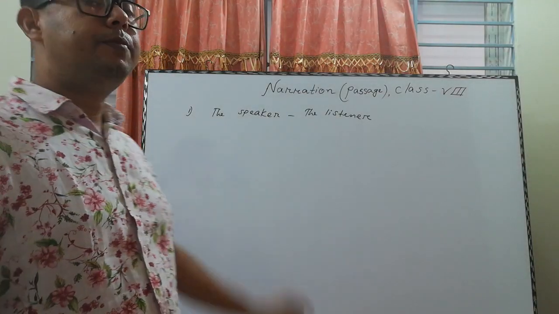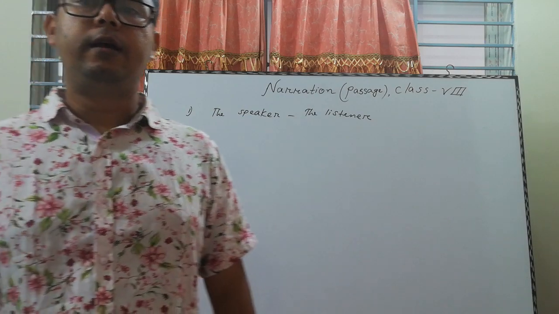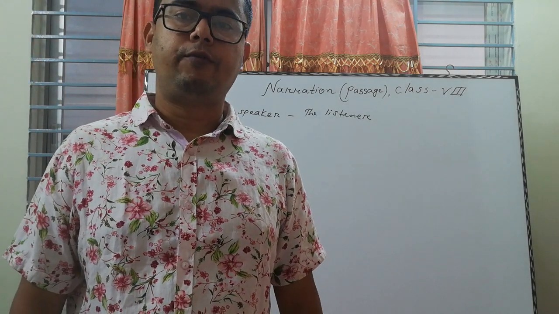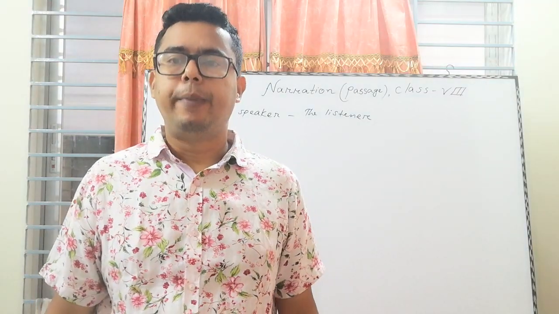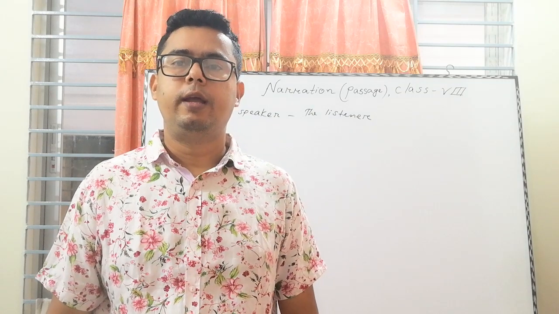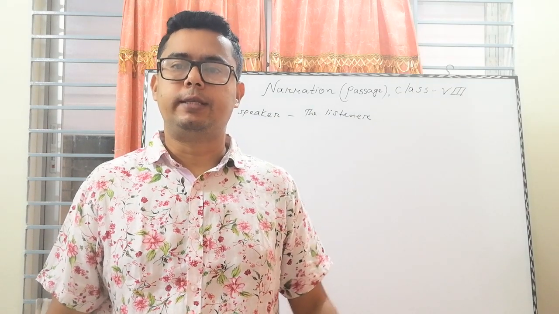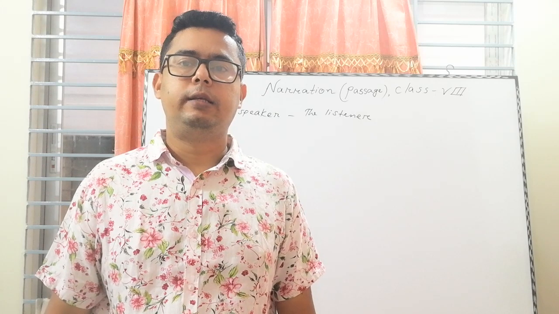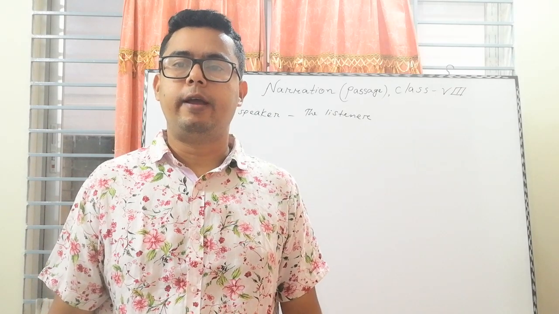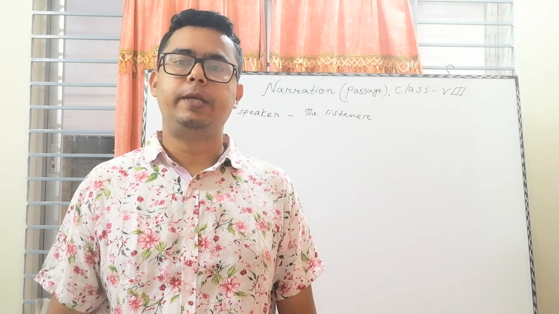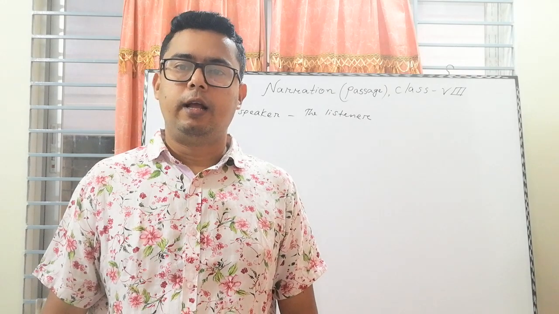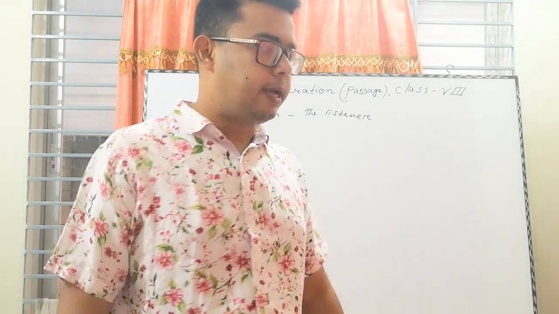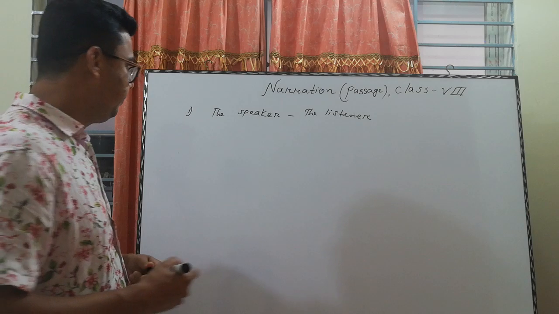Sometimes you cannot get the speaker and listener from the beginning of the passage. That's why you have to read the whole passage first. Then you can get clarity about the speaker and the listener.